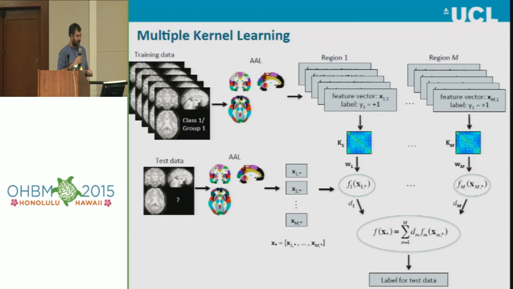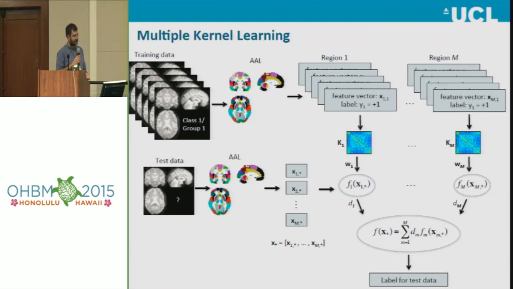Here we're using the AAL atlas to provide the different regions, and we have this set of kernels, each one associated with a different region. So we have M regions, and we learn the kernels, K1 up to KM, associated with each of the regions. These produce a set of weights, W1 up to WM, so we then have a set of predictive functions associated with each region.